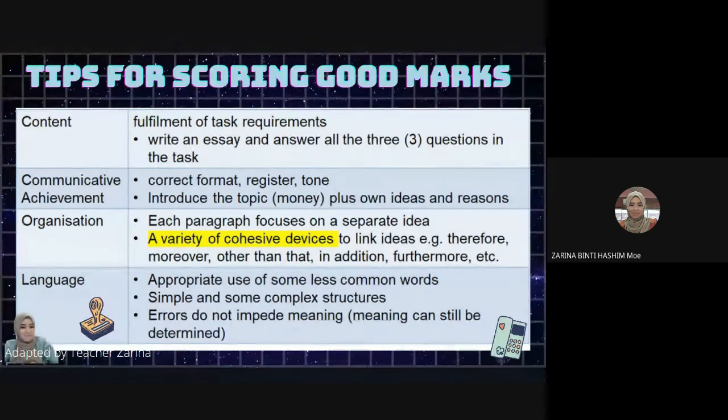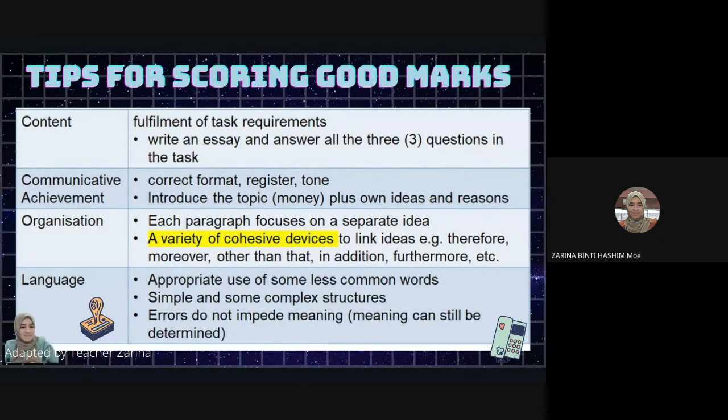Let's say you only answer 2 questions out of 3. Maybe you miss out one of the 3 questions, so you can only get 4 or 3 for content. Or you only answer 1 question, you don't have time to answer the other 2 questions, so content will be 2. We go down and down as you miss out more main ideas.